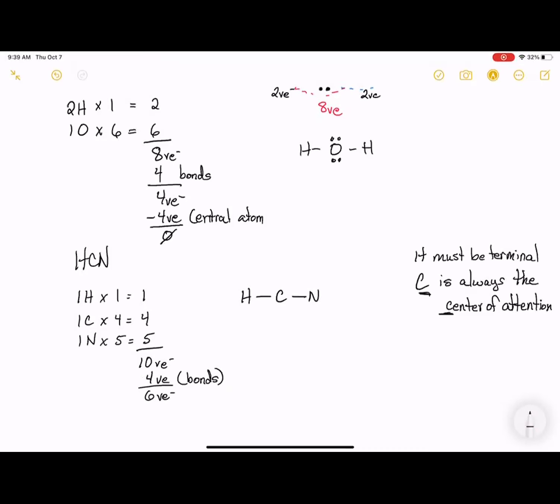The next step says to give your terminal atoms an octet. Hydrogen has its octet. It only needs 2. So we are going to start by giving our nitrogen an octet. Currently, nitrogen has 2 because there are 2 in the bond. So we're going to add an additional 6 electrons to nitrogen.